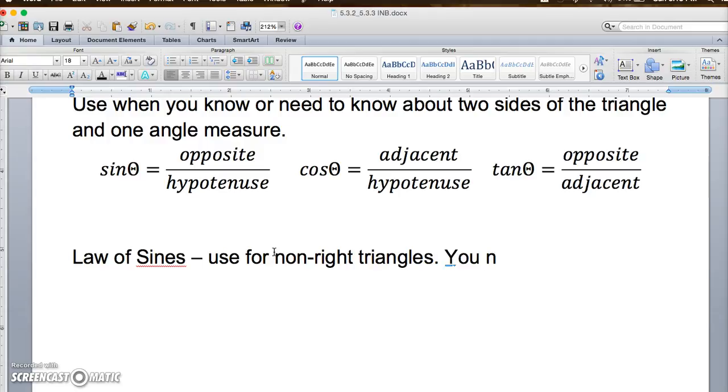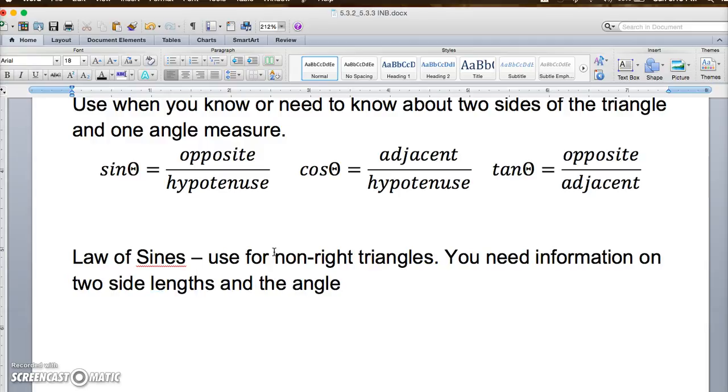And you need information on two side lengths and the angle measures opposite of those side lengths.